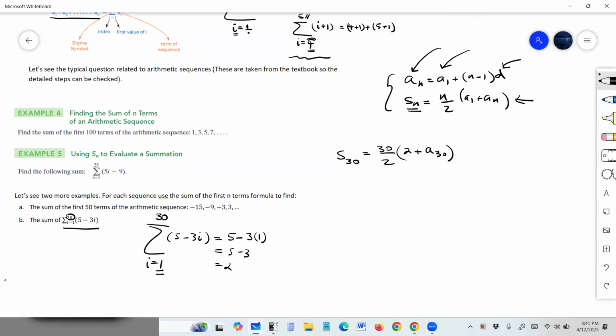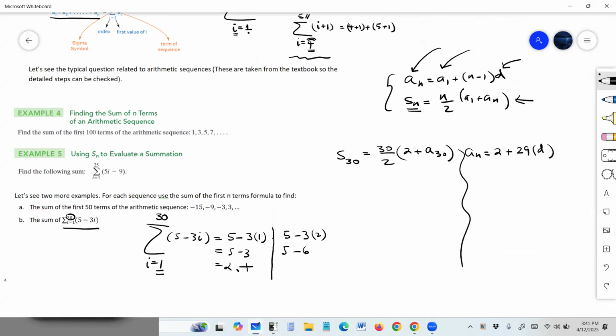All right, so now I have to go back to the general term formula, which is A1 plus 30 minus 1 times the common difference. So now I have to find the common difference. I need to find the next term. Okay, so the next term would be when i is 2.